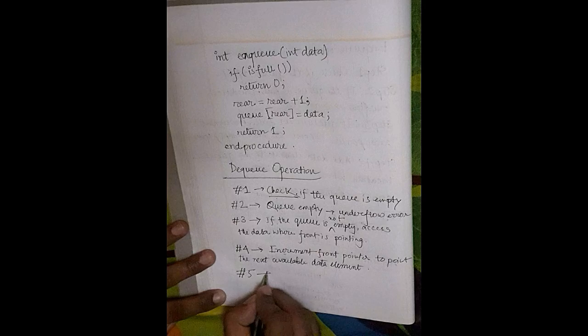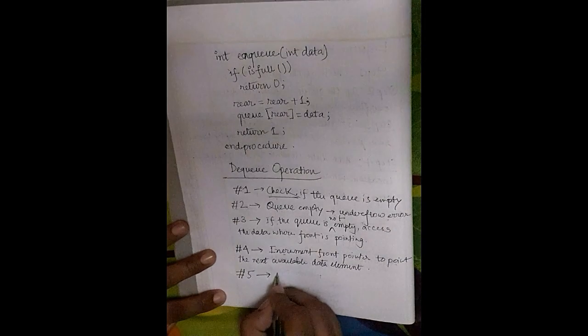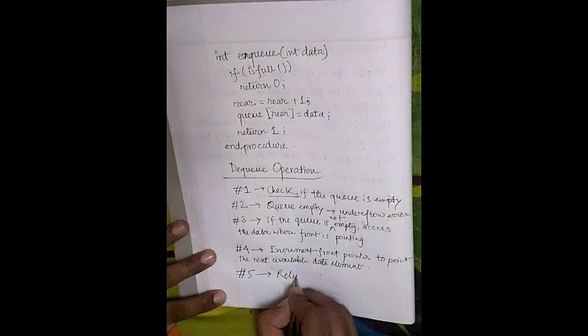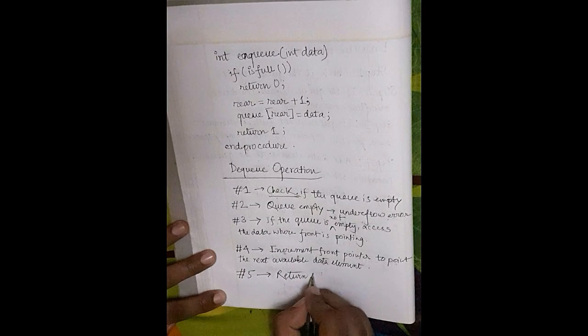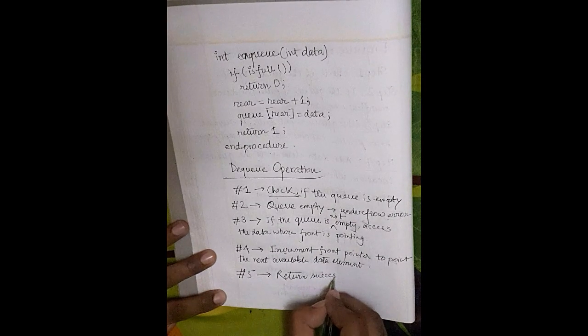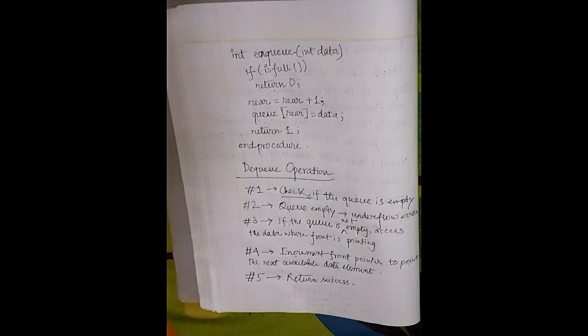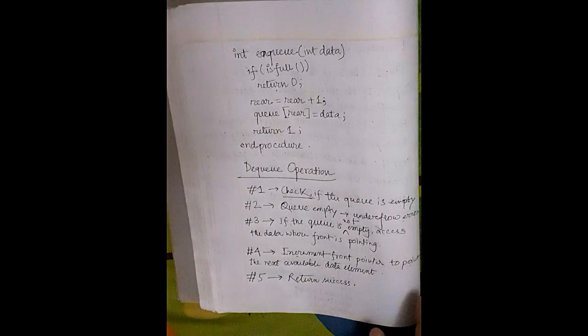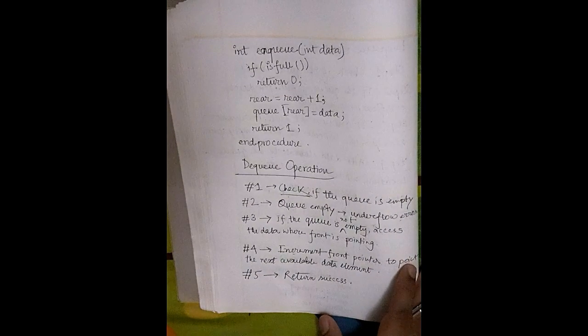Next up we have step number 5. We return success. Right, this is how the DQ operation should look.